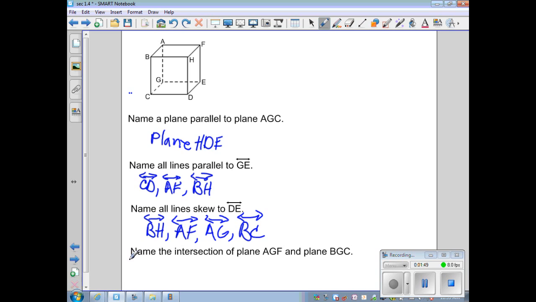Name the intersection of plane AGF, which is the back side of the cube, and BGC, which is the left side of the cube. Recall that when two planes intersect, their intersection is a line. Therefore, the back part of the cube and the left side of the cube intersect at line AG.